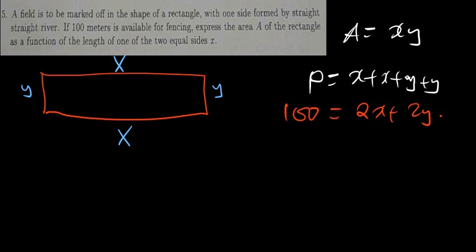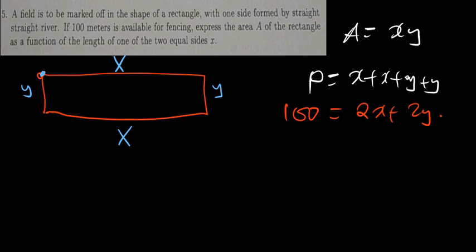I'm able to know that 100 is the perimeter because the question says 100 meters is the amount of fencing. The field is marked off in the shape of a rectangle with one side formed by a straight river, meaning the length from here all the way around to here, the total is 100.